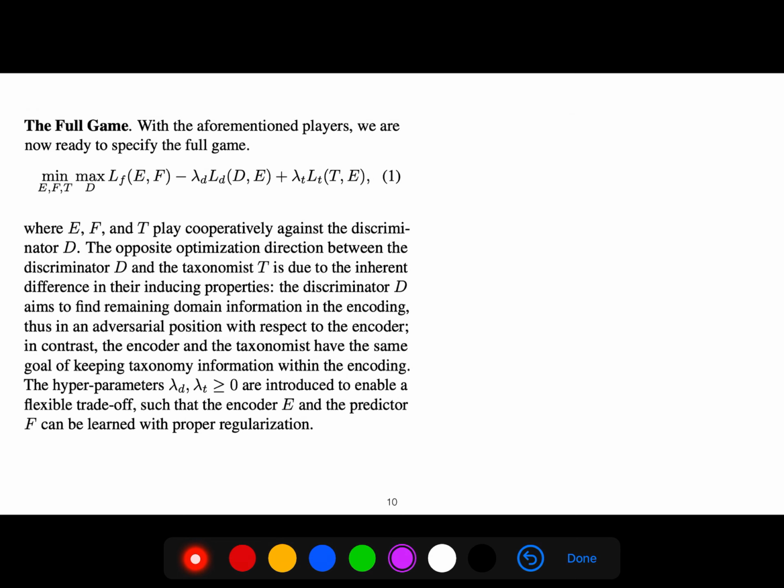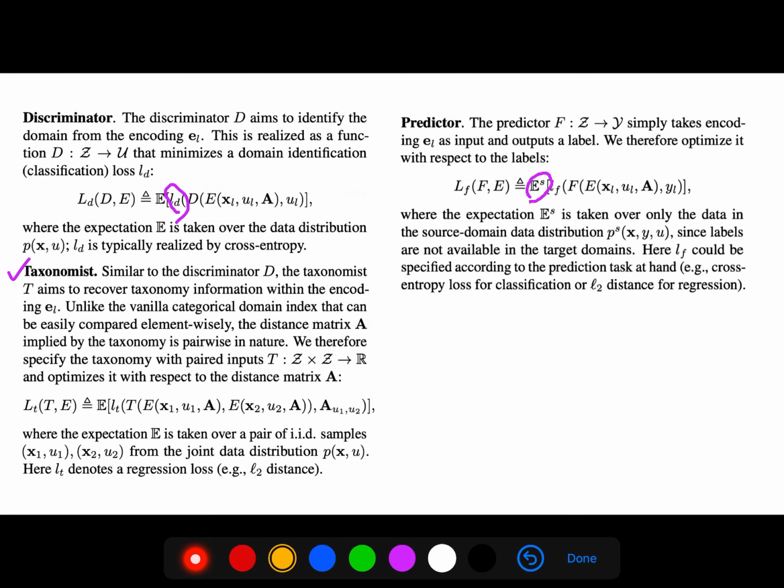So this is the full game. We want to design the encoder to fool the discriminator. Similarly, we have two more terms, because first we have taxonomy and also we have F, which I will explain.